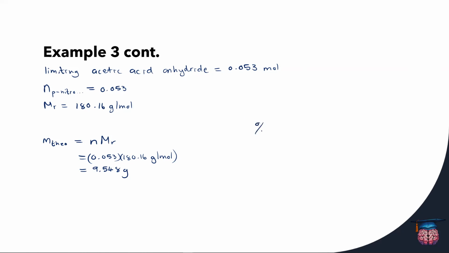Now to calculate the percentage yield, we take the experimental mass, divide this by the theoretical mass, and we times this with 100.